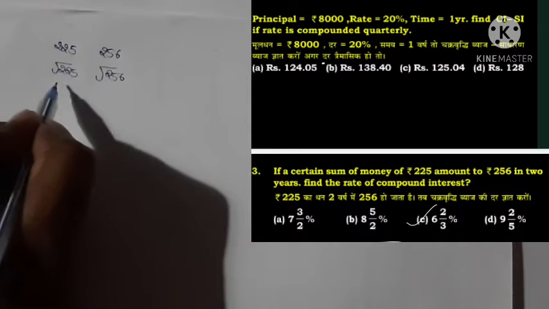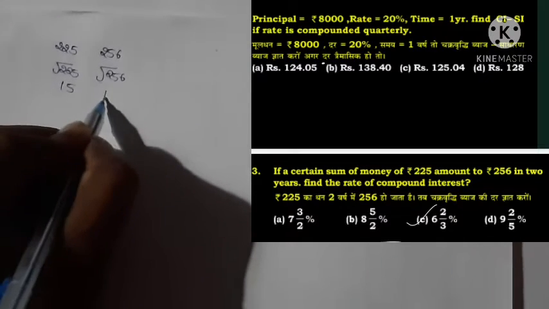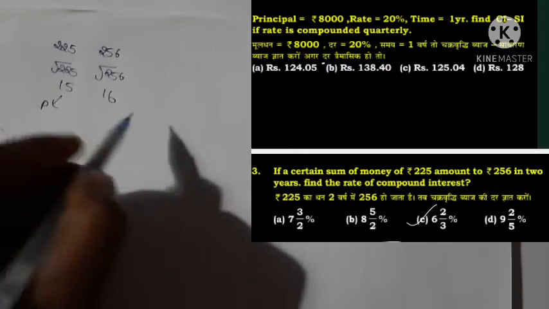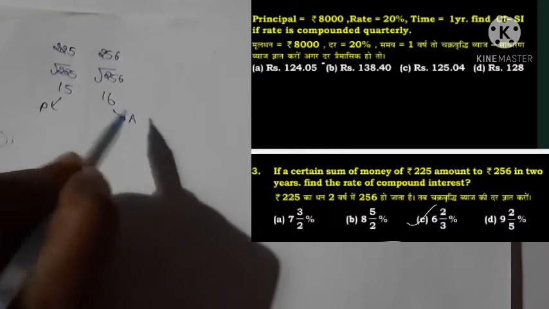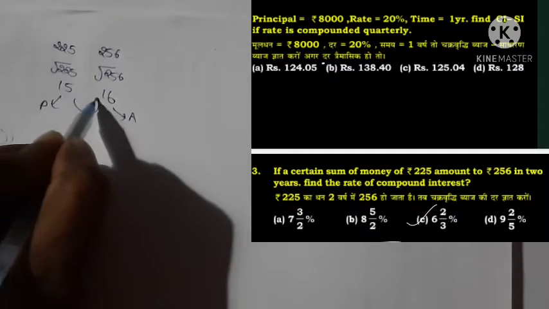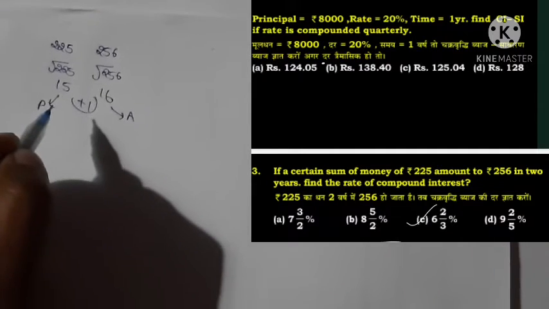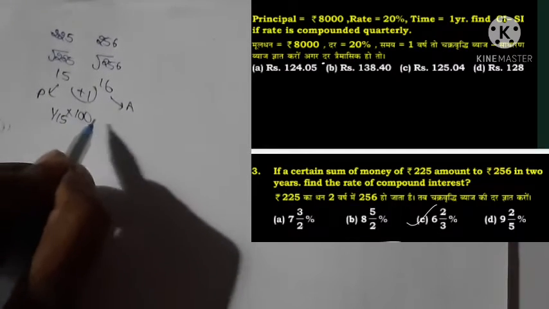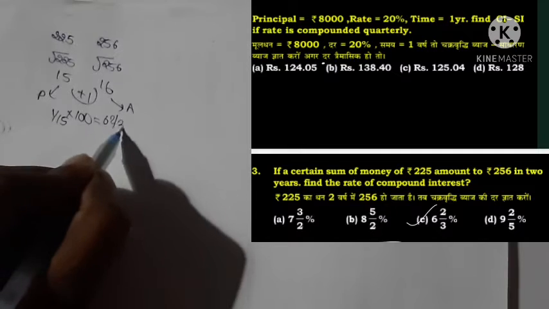So this value is 15, this value is 16. So for the first year, the principal is 15, the amount is 16. Find the rate of interest. This value is increased by 1. So 1 by 15 into 100. So the value is 62 by 3%.